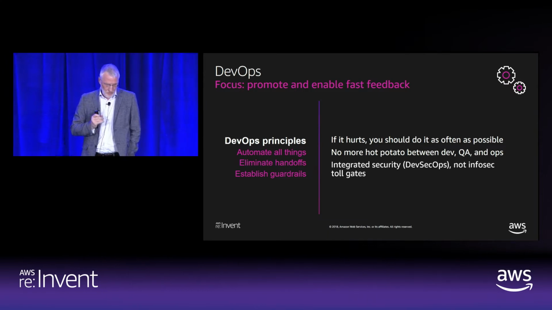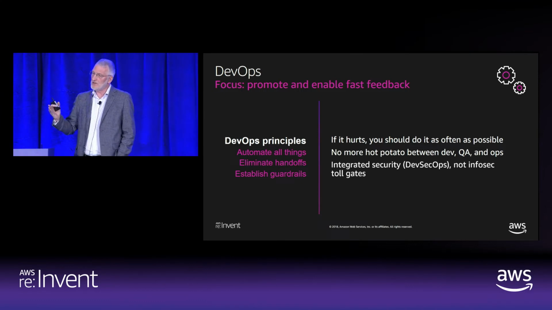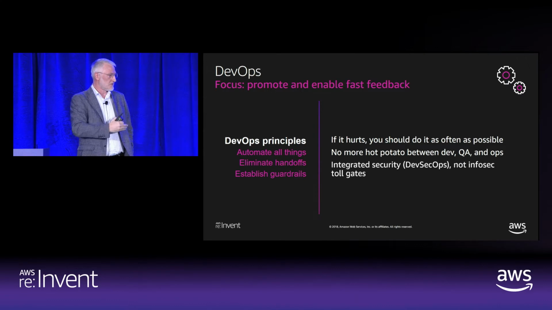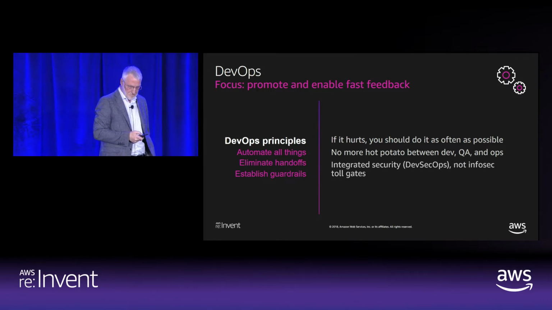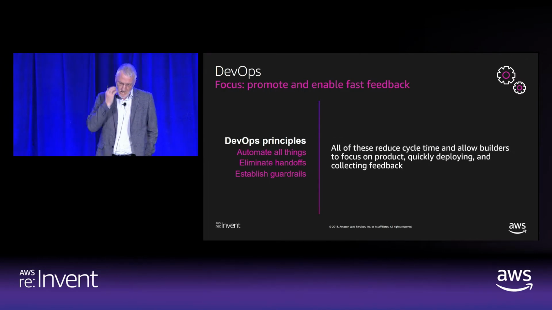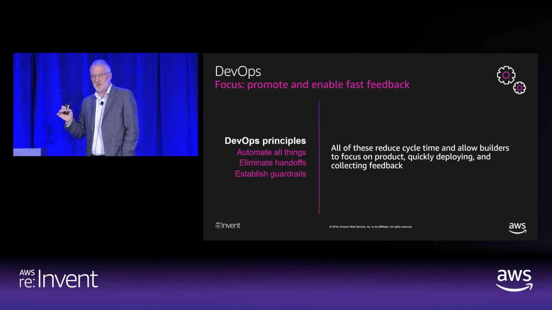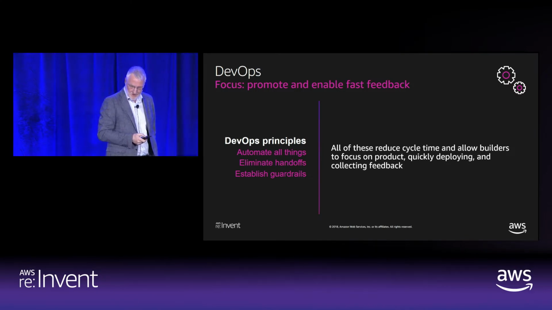And with these guardrails in place, the teams can go a lot faster without having to worry about the risk that's associated, because you've already automated the risk mitigation. When you combine these DevOps principles, you're reducing the cycle times and you're getting things out into production a lot faster. And how fast?